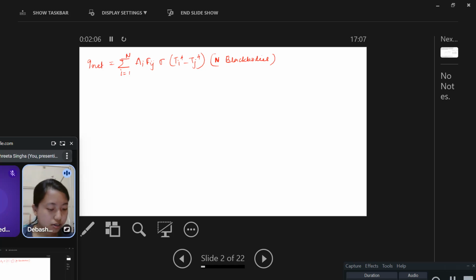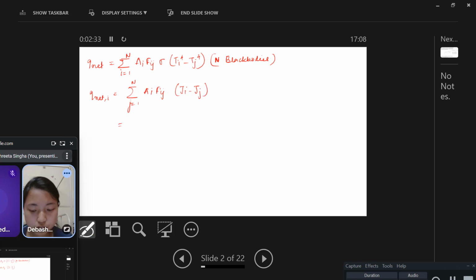For gray bodies, Q net i is given as summation over j equal to 1 to n, Ai Fij (Ji minus Jj).